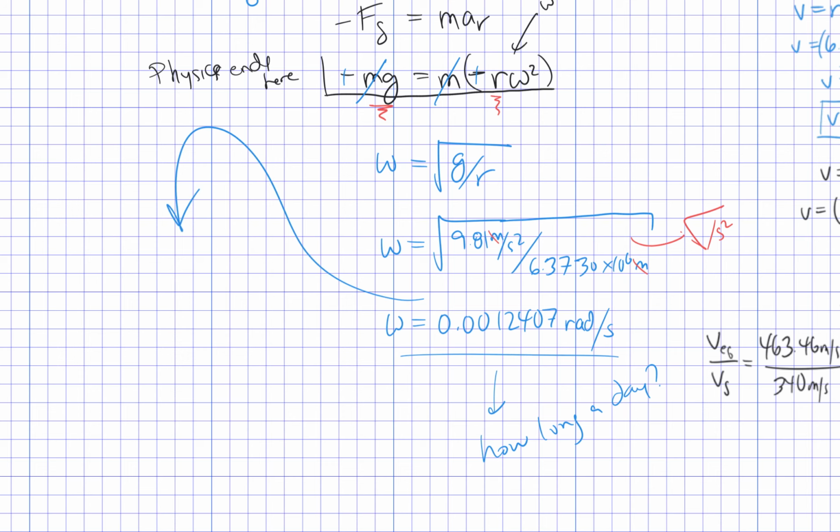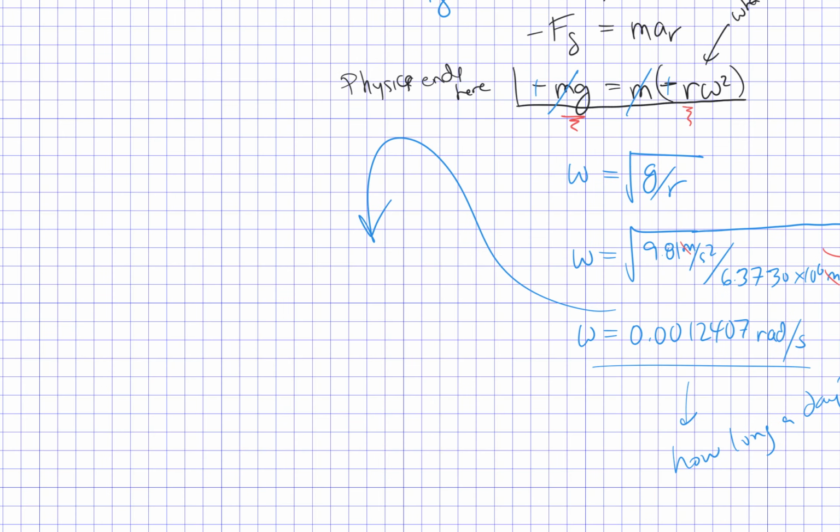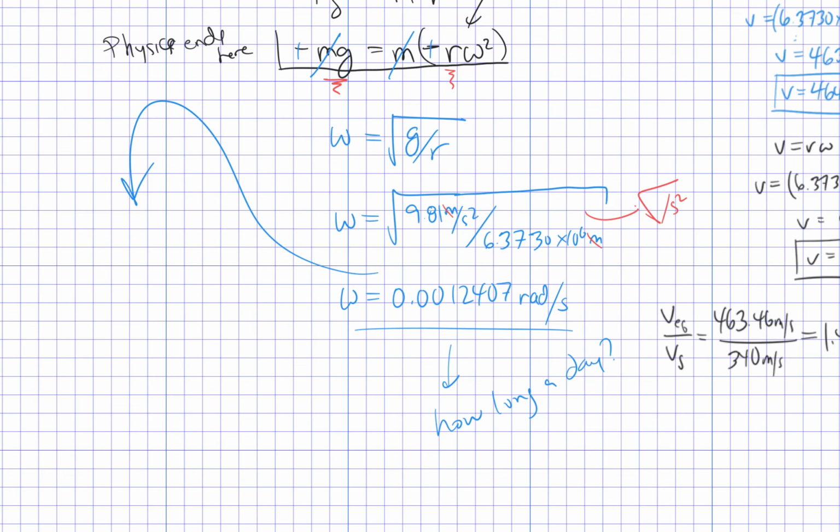So let me go ahead and convert this. I'm going to do an interesting conversion because I want time per rotation. I have rads per second, but I want time per rotation, so I'm going to invert this.